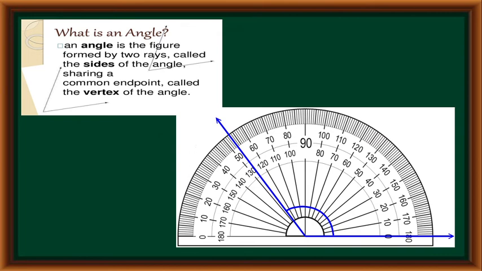But if it is less than 90, that is an acute angle. And we can estimate if the angle is 90, less than 90, or greater than 90. It depends on the opening of the rays or the sides of the angle.